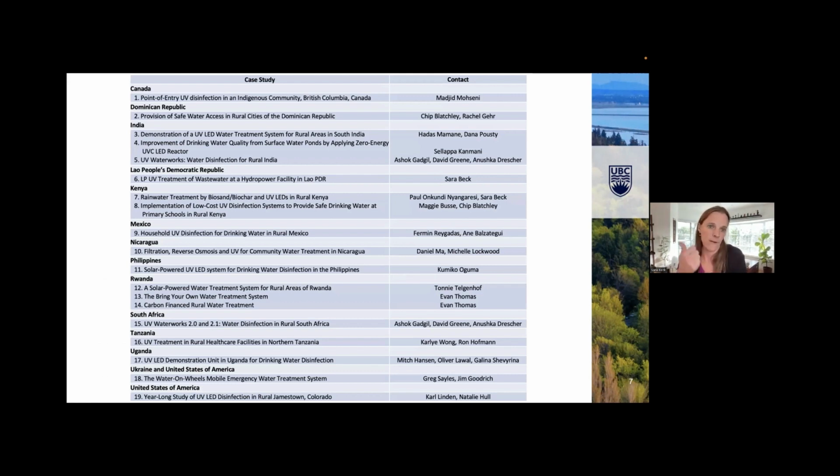We have one in Canada from a First Nation, one from the Dominican Republic, 3 from India, 1 from Laos, People's Democratic Republic, 2 from Kenya, 1 from Mexico, 1 from Nicaragua, 1 from the Philippines, 3 from Rwanda, 1 from South Africa, 1 from Tanzania, 1 from Uganda, 1 that can be operated either in Ukraine or in the USA, for emergency water treatment, and another one from the USA. Here is a list of all of the individual authors who submitted case studies, and I wanted to thank them for helping us out with this.